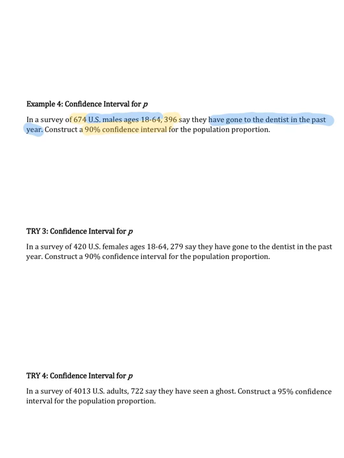All right, so let's write down all of our key info. So N is 674. Whoops. X is 396. P hat is 396 over 674, which is about 0.588.